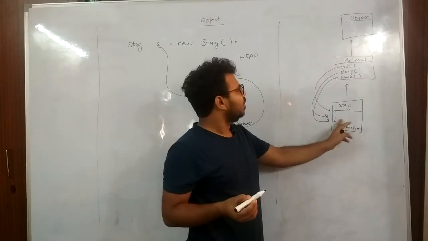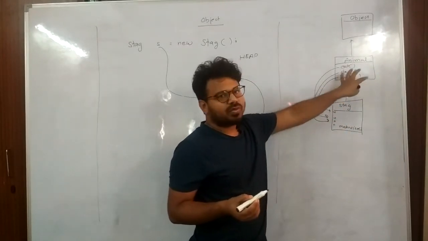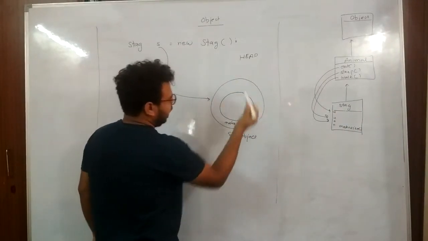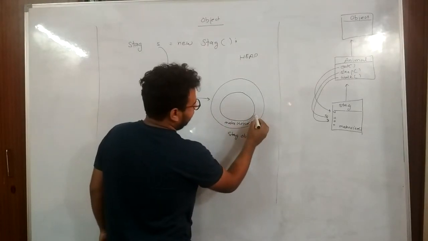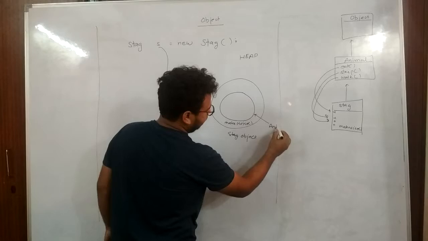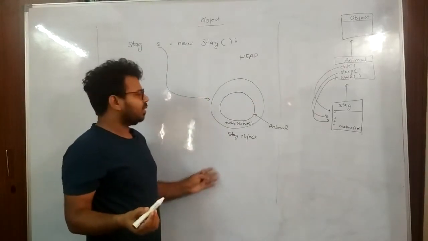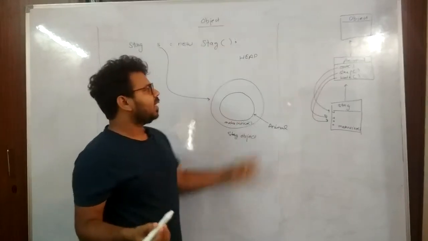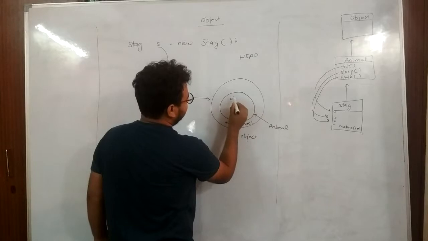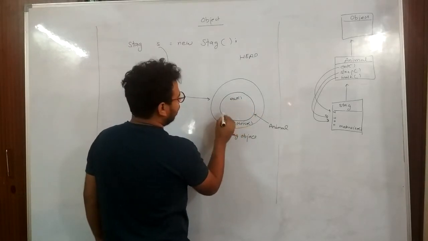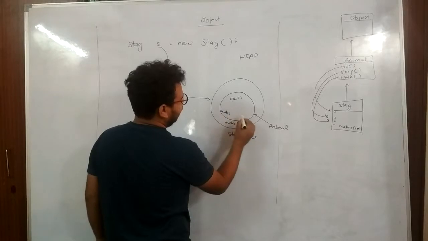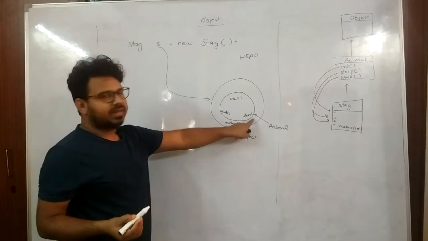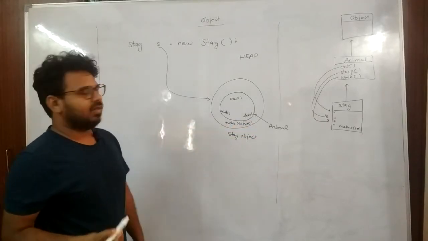So the Stack object is going to contain this Animal portion inside it. Let me write it as Animal portion. What does Animal portion mean? That is the methods that are inherited from the Animal class. So here we have the eat method, walk method, and sleep method. These three methods are inherited from the Animal class.